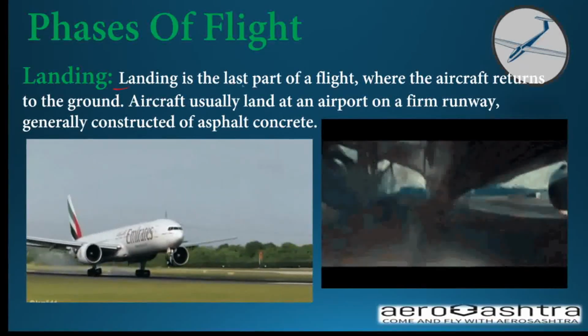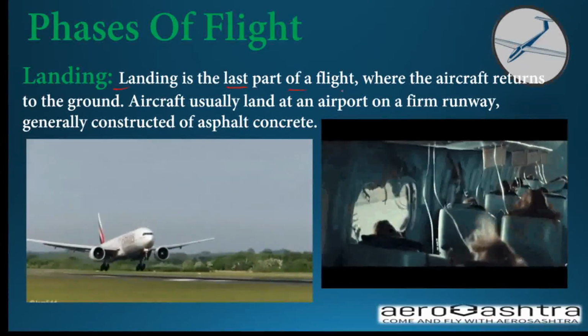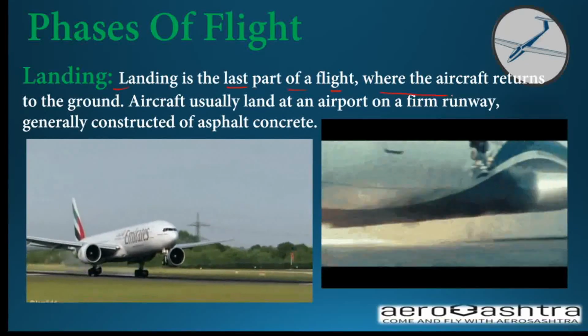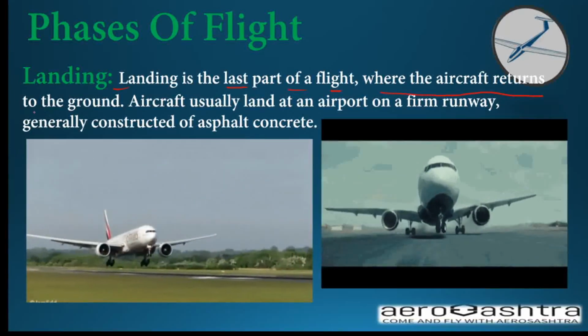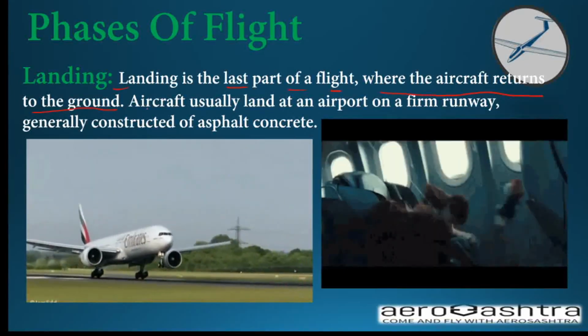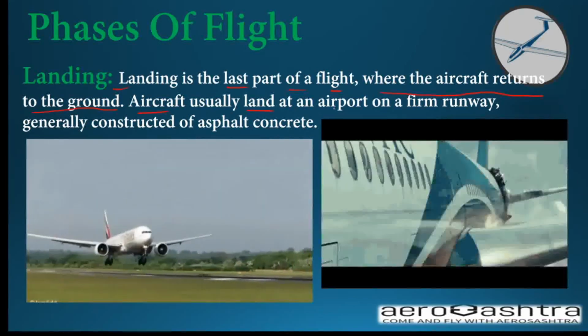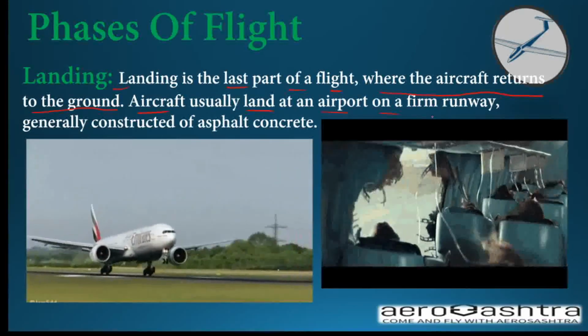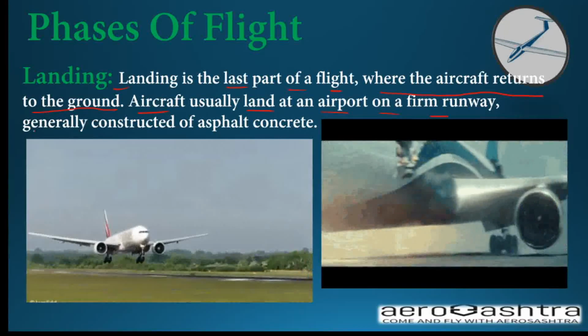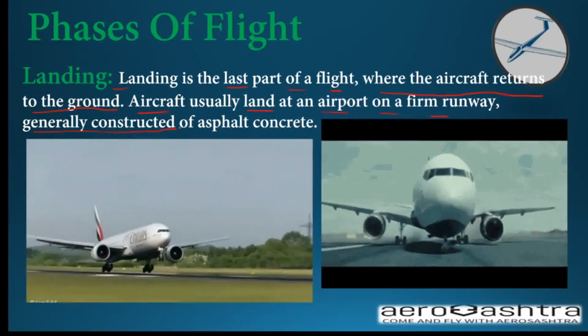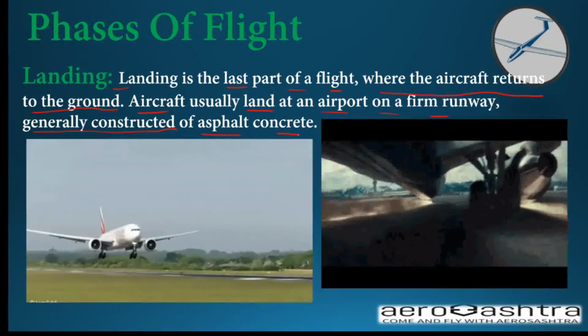Now, this is the landing. Landing is the last part of the flight, where the aircraft returns to the ground. Aircraft usually land at an airport on a firm runway, generally constructed of asphalt or concrete.